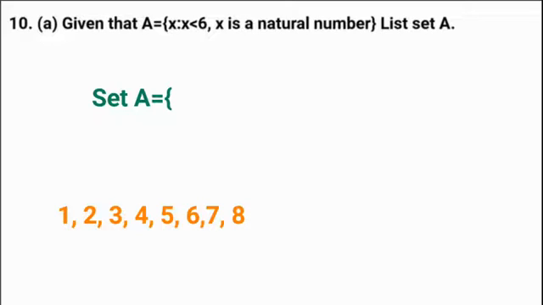If natural numbers are counting numbers, then set A has members 1 up to 5. These are the members of set A, 1 up to 5, because we're told x is less than 6. So therefore we can say set A is equal to that.